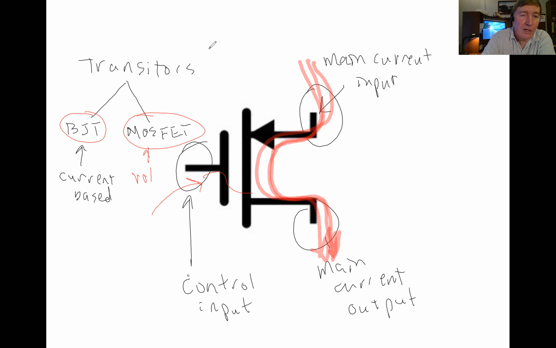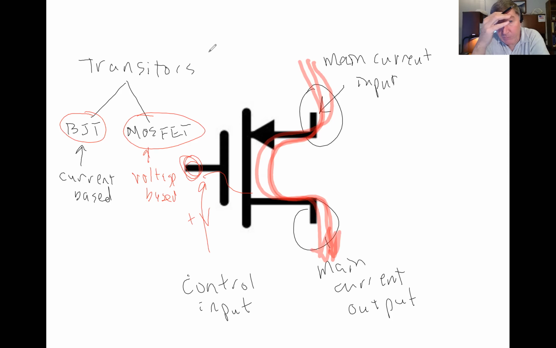Those are voltage-based. And what I mean by that is that if the transistor we have is a MOSFET, the way that we turn the MOSFET on is by putting a positive voltage on the input terminal for our control input, but current does not actually flow.